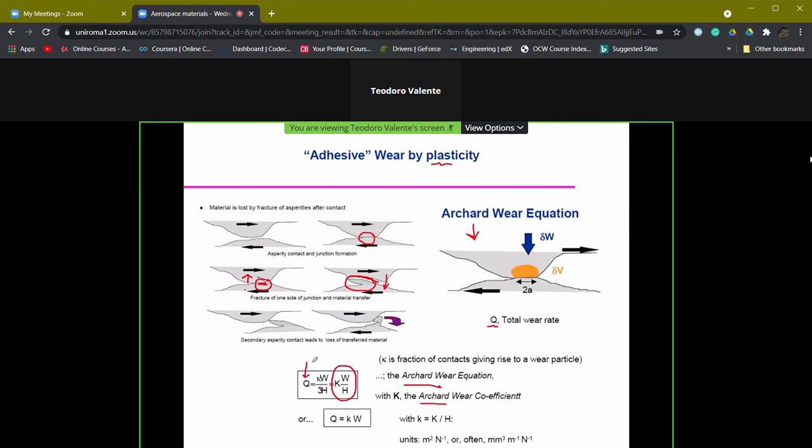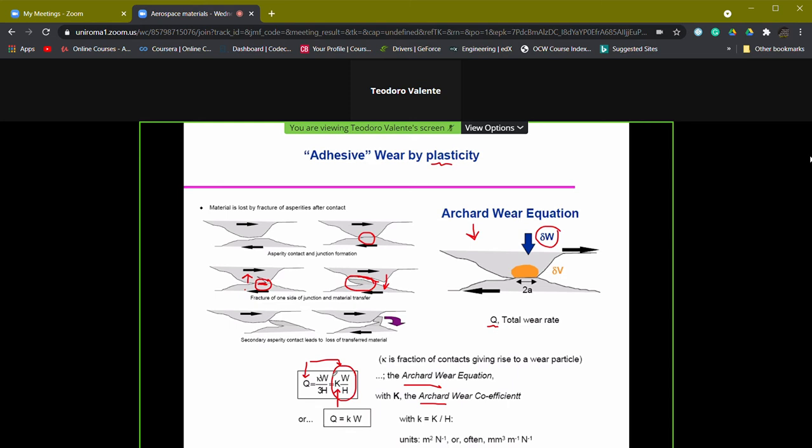And this volume per unit time and unit relative length of sliding is equal to a constant K, capital letter, which is also called the Harshad wear coefficient, multiplied by the normal load applied, compressive load, divided by the hardness of the weaker materials, that is, the material which is going to be consumed.